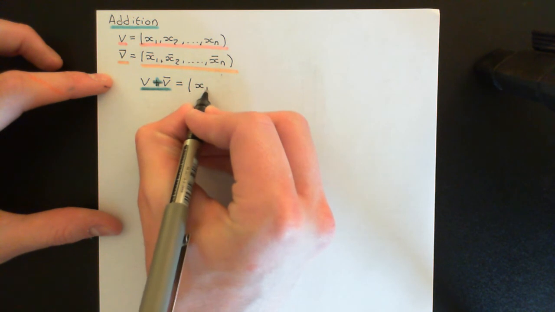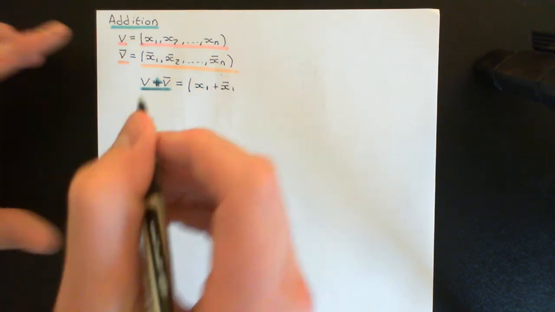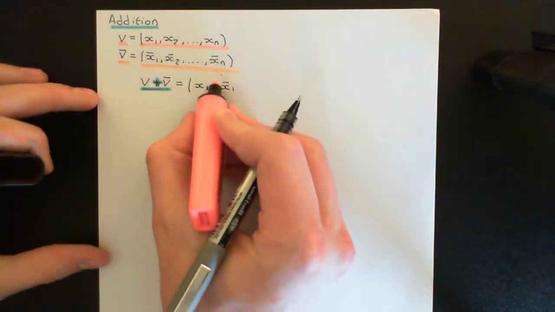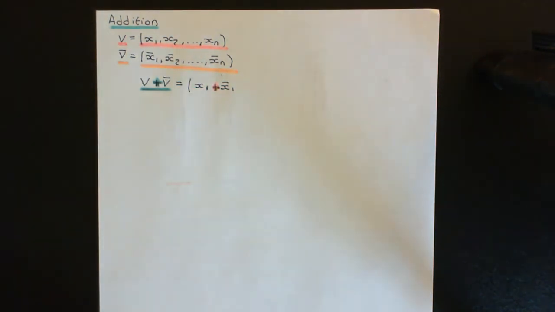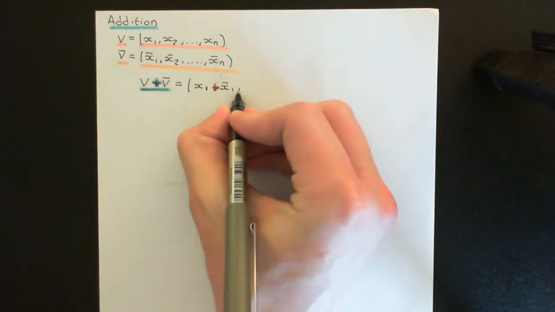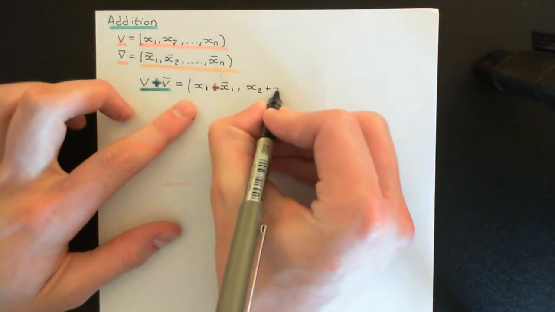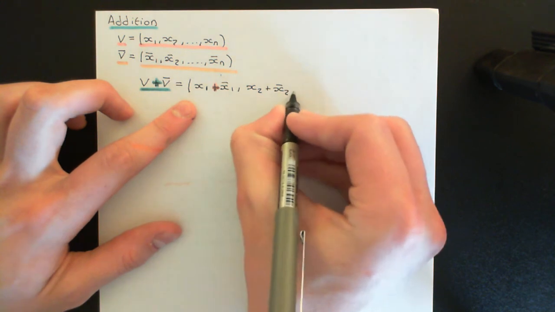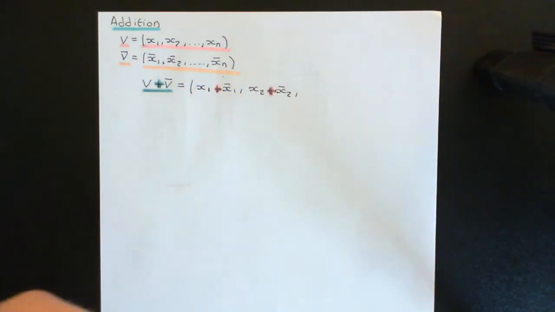So the answer is going to be x1 plus x bar 1, where this addition is addition in the field. These are both elements of the field, so you can add them together in the field. So you add x1 to x bar 1, you add x2 to x bar 2. Again, that's an addition in the field, so I'll colour it in red here.